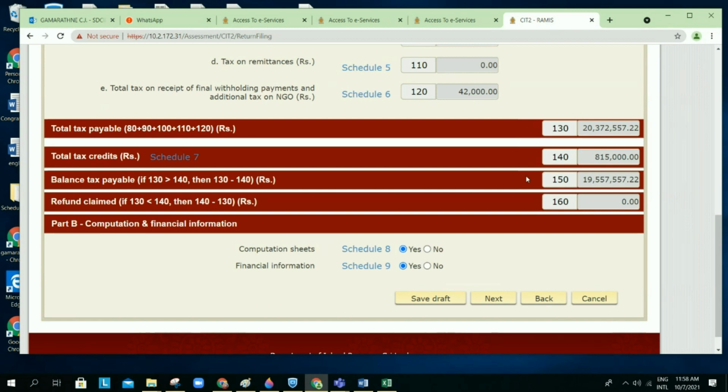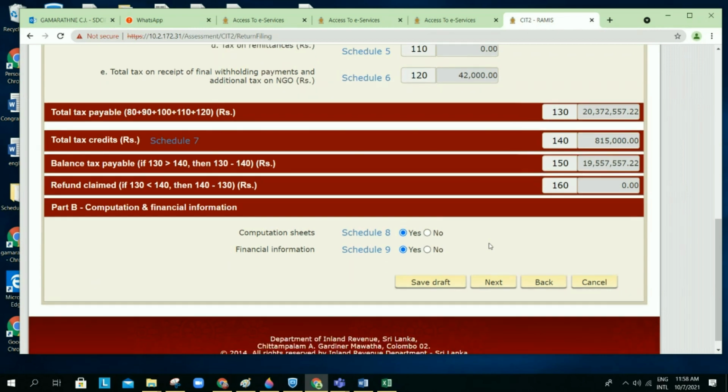I have completed the main return up to schedule 7 and balance tax payable. Then you can continue with schedule 9 and up to the submission point. And during this session, we hope to answer your questions.